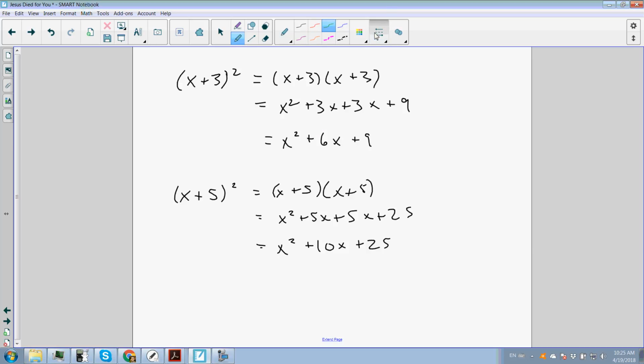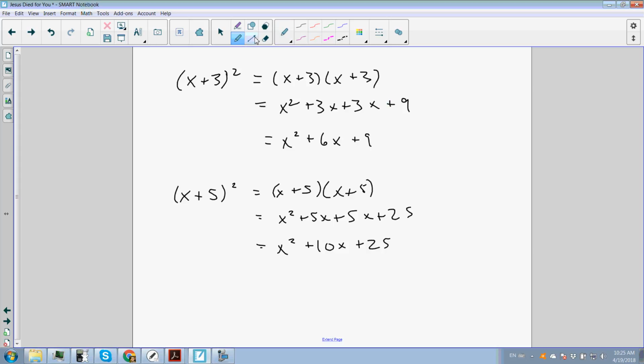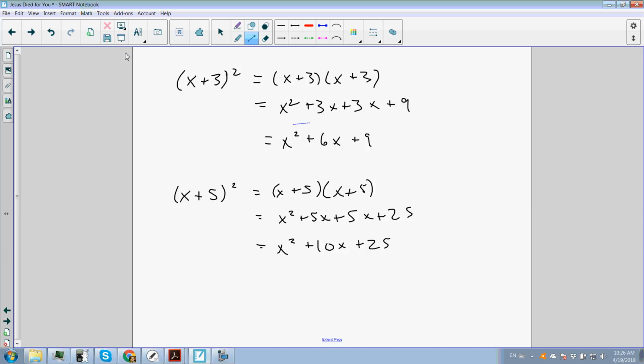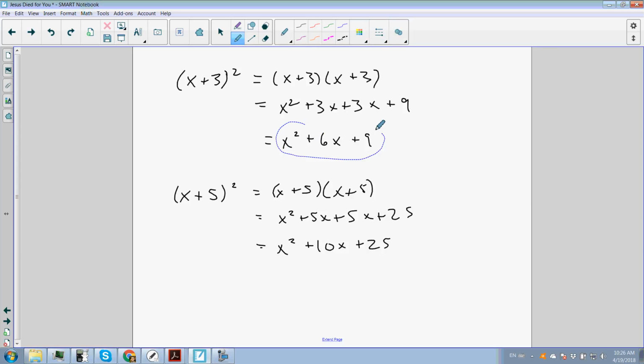Now, the thing to notice here is that these two, this and this, are called perfect square trinomials.